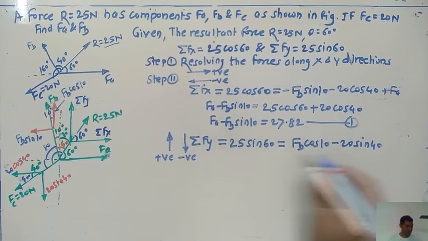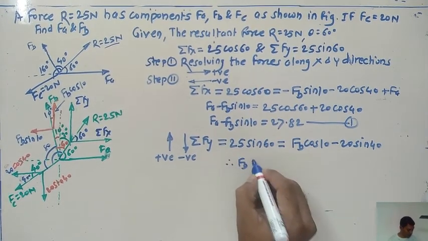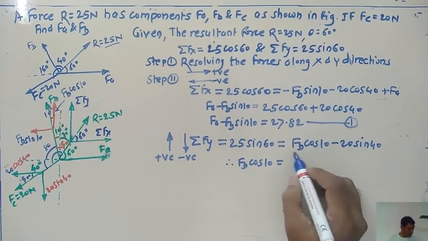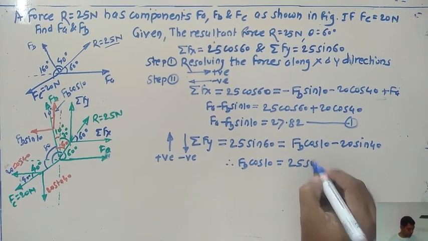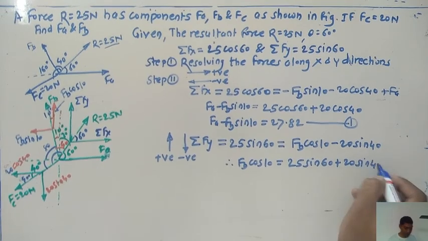Now solve this equation. So what do we get here? Therefore FB cos 10. The unknown term is here, so write this term on one side and take the remaining terms to the other side: 25 into sine 60 plus 20 into sine 40.